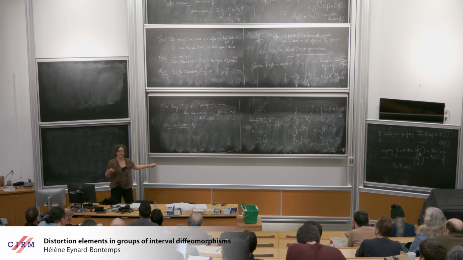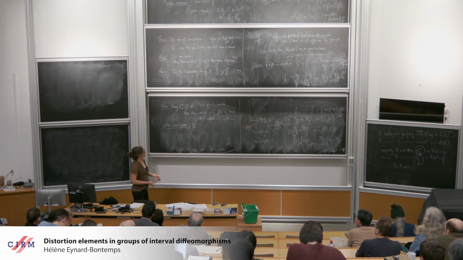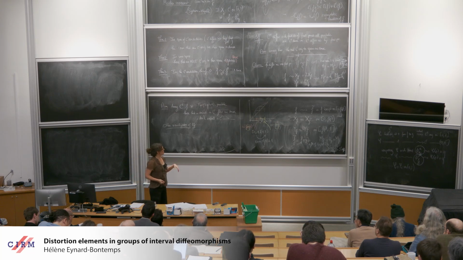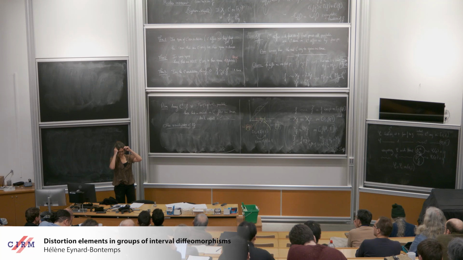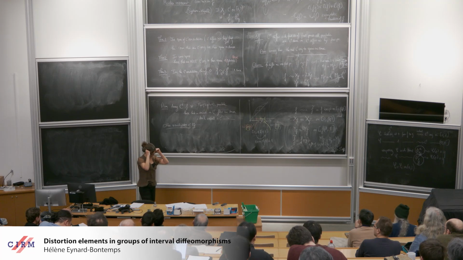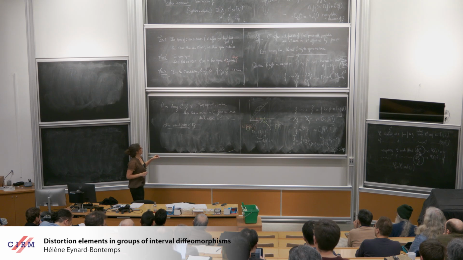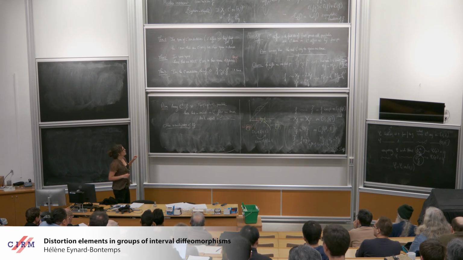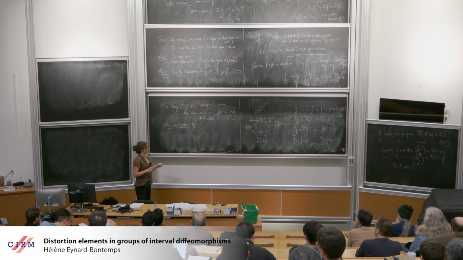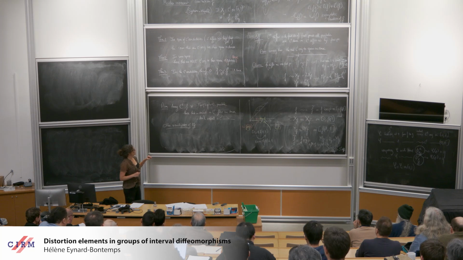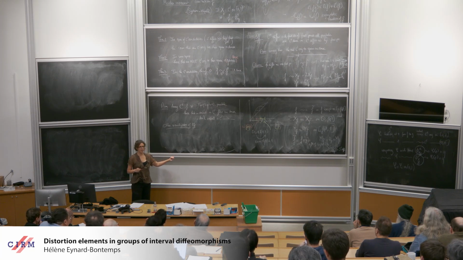And I have 3 minutes to tell you the more difficult part, which is actually an adaptation of works by Christian Bonatti, Amie Wilkinson, Sylvain Crovisier, and Gioia Vago, which tells you that, on the contrary, and this is not at all obvious, if you start with a diffeomorphism that does have a matter invariant, you can kill it by a C1 small perturbation.